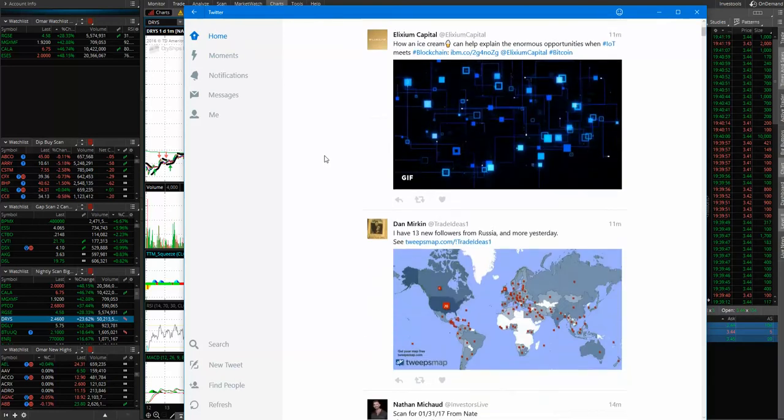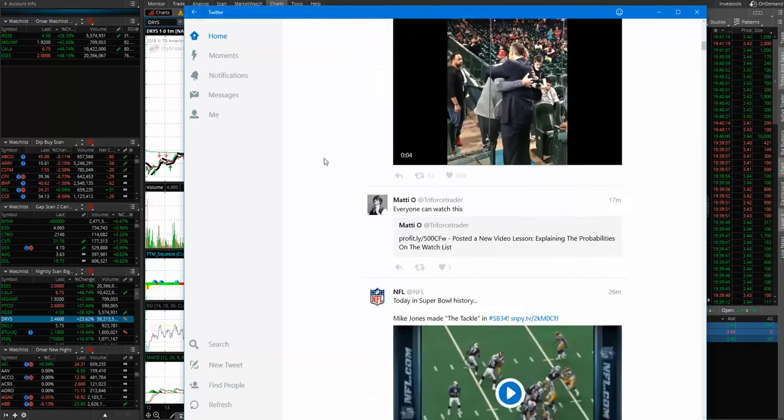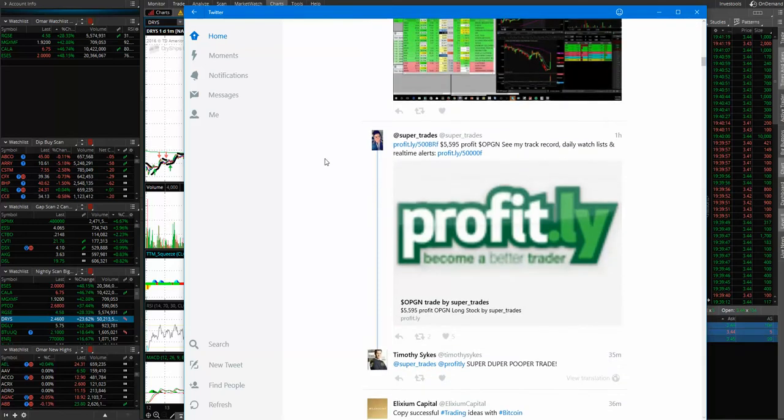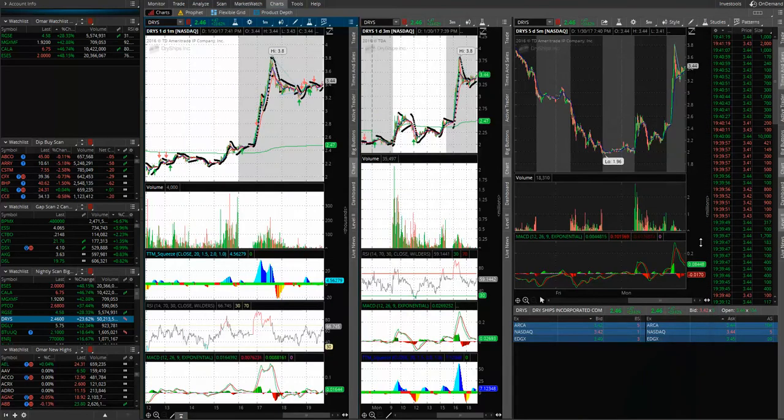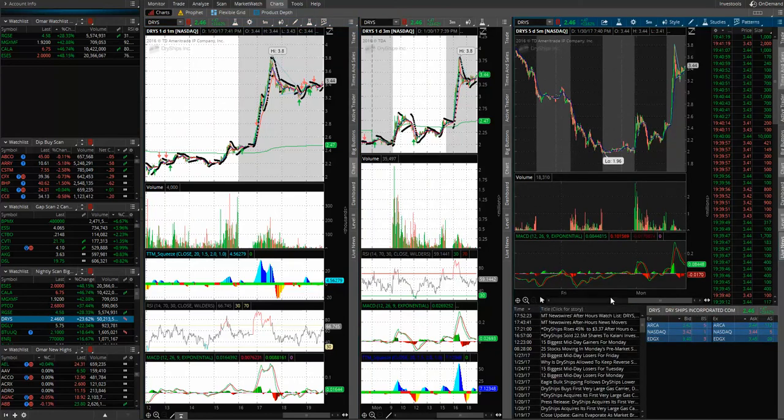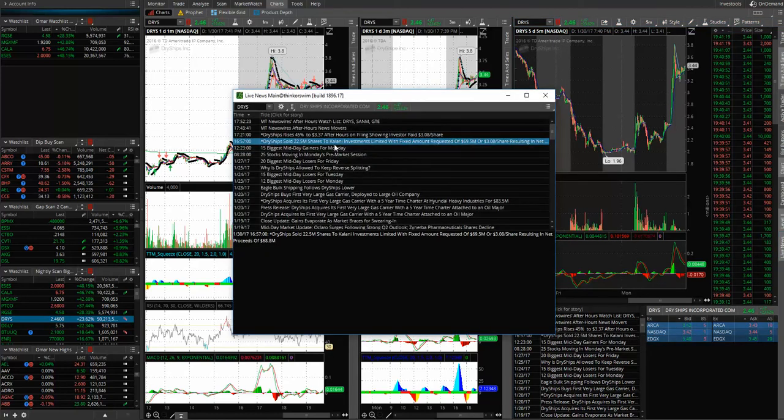Something happened recently, and based on that, that's what drove the price of the stock up. But basically, this is a terrible company that's just being manipulated, and people are probably insider trading. Oh, here it is. Dry Ships rises. Filing showing investor. Yeah, so here it is.